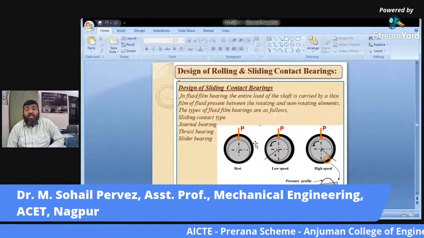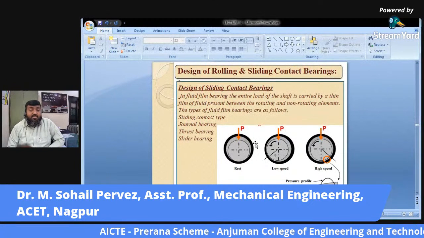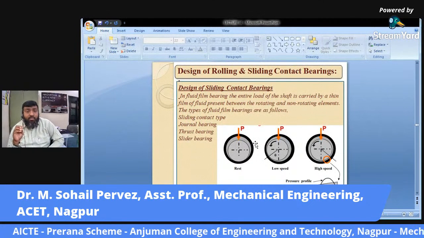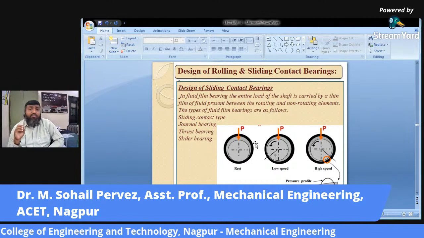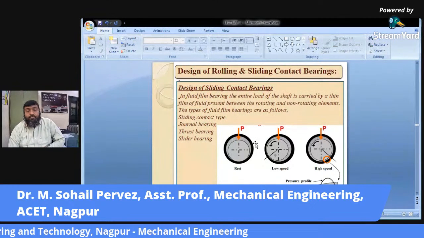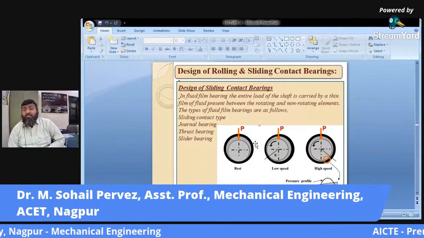Now, design of sliding contact bearing. This design of sliding contact bearing largely depends upon the type of lubrication.